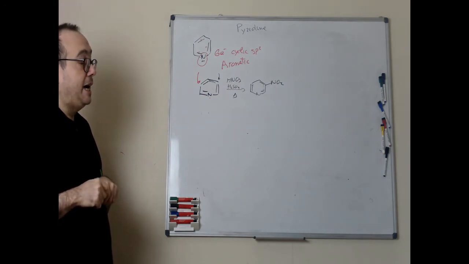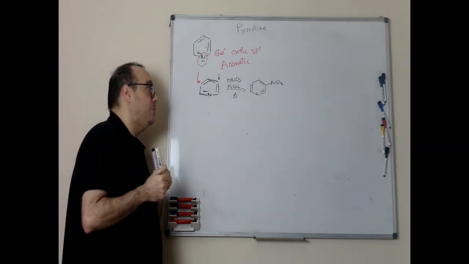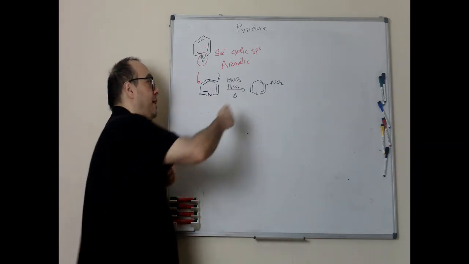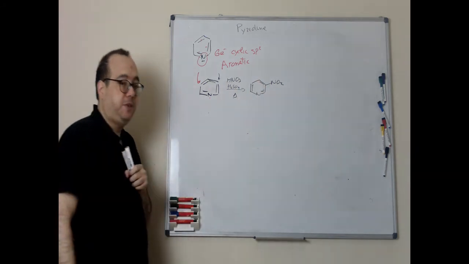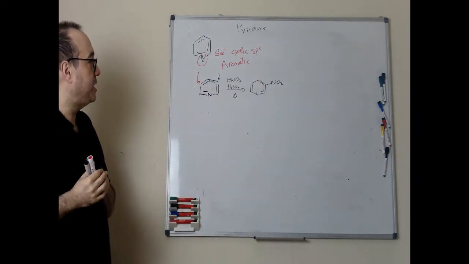Okay? Again, and this is important, when we are doing activation, remember that we have to go through the carbons and never through the nitrogen. Okay, the same rules that we explained for pyrrole.